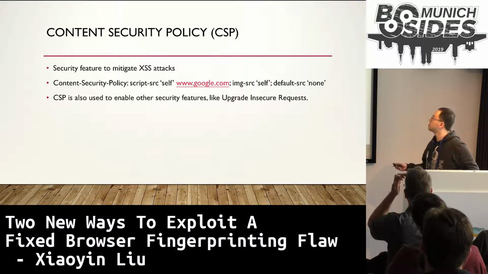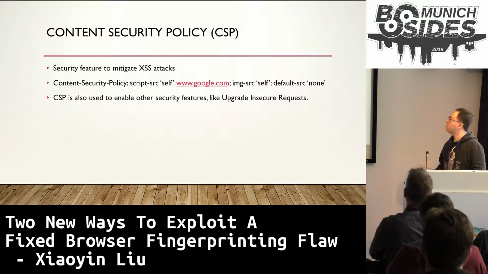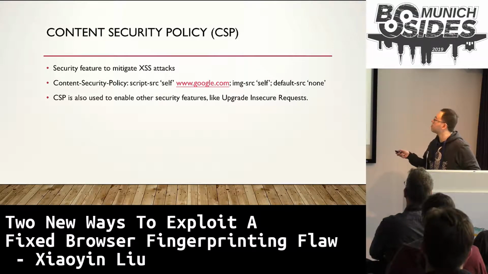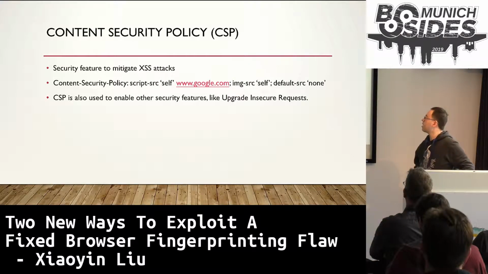This means that even if there is a cross-site scripting vulnerability on the web page, it's harder for attackers to exploit it, because you can only connect to the same domain, which is self, and also www.google.com. So you cannot load scripts from other domains, including the attacker's domain. More recently, CSP is also used to deliver some other security features like upgrade insecure requests, but that's not quite related to the SNIFFLY attack.